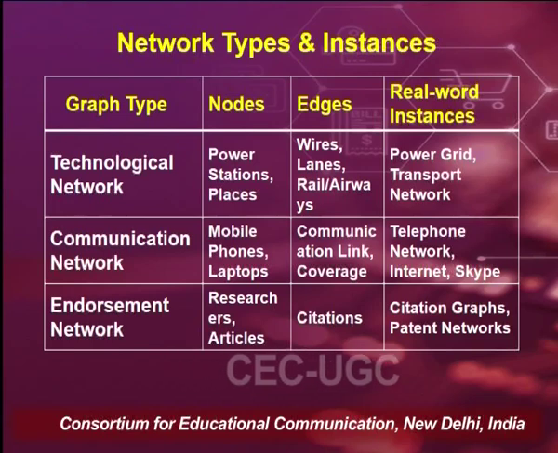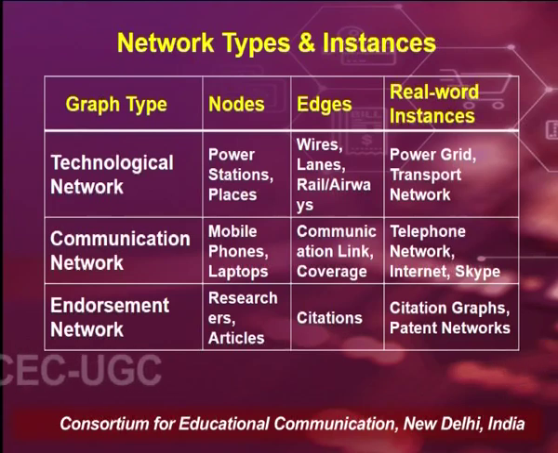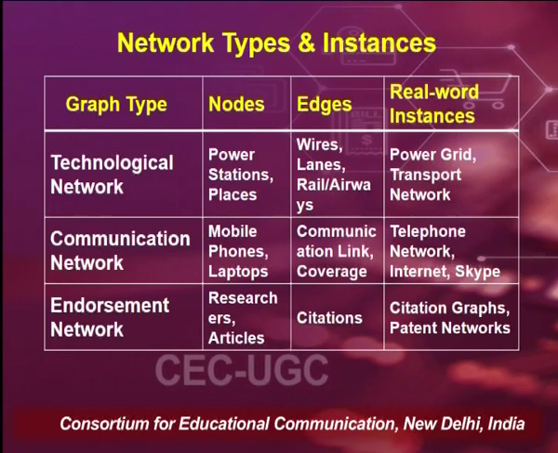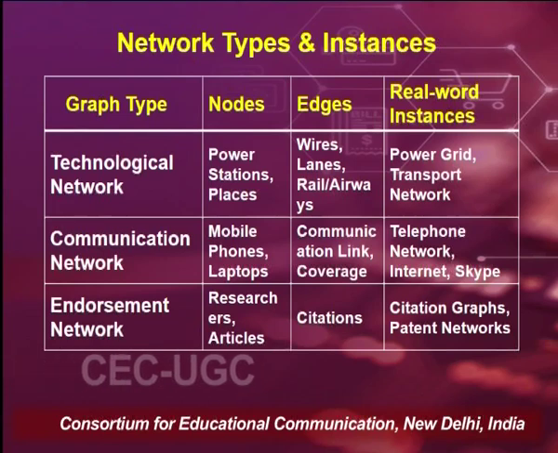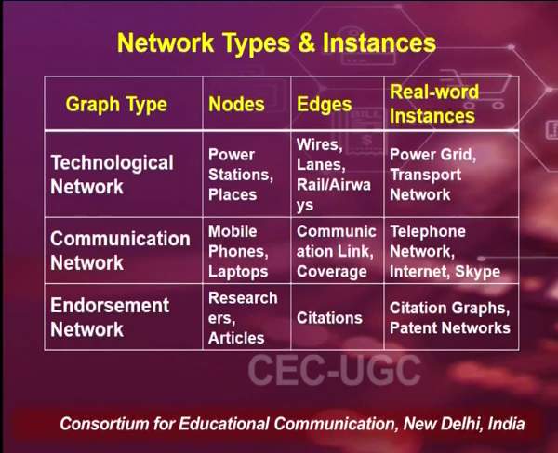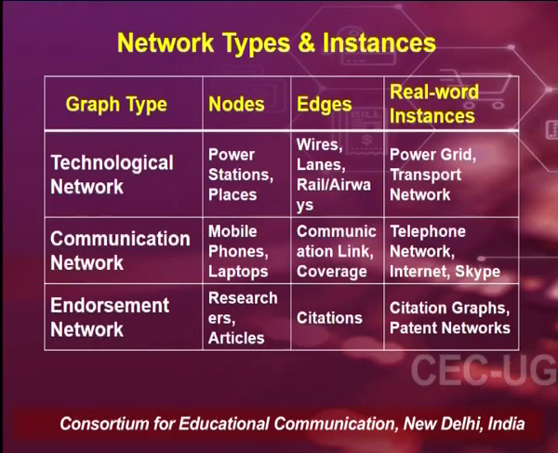Sometimes the power stations are connected with wires, so the wires become the edges or links. If places are there, they may be connected through roadways, railways, airways, etc. And what kind of real world instances are there? The power grid, the transportation network. So these become examples of the technological network.